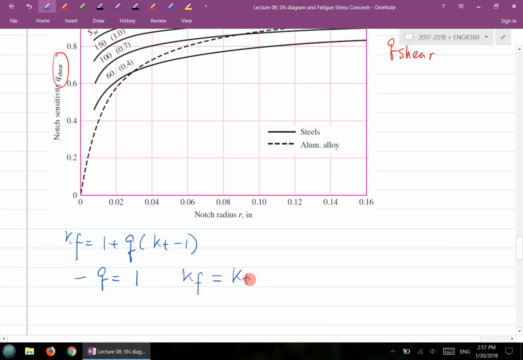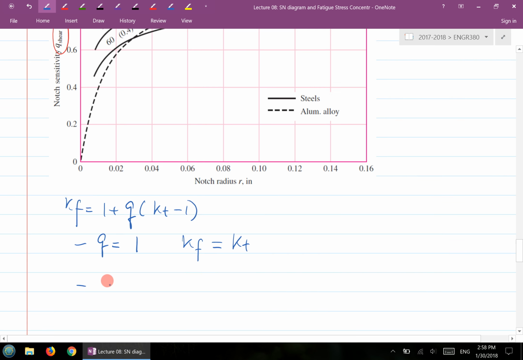KT. So when Q equals 1, KF equals KT. It means the part will feel the stress concentration KT completely.